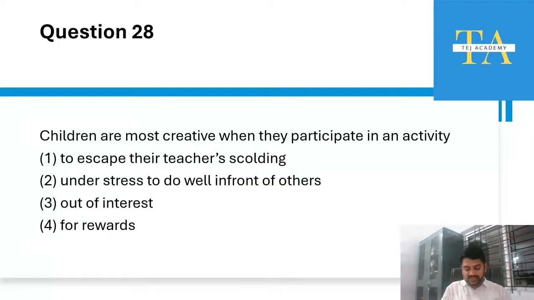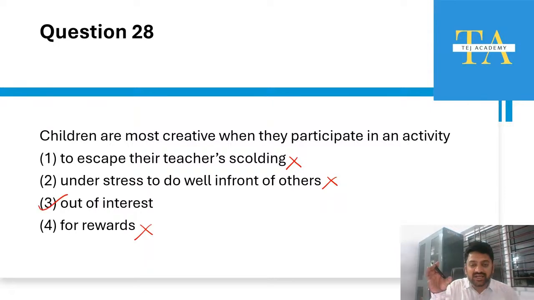Question number 28. Children are most creative when they participate in an activity to escape their teacher's scolding? No. When they are under stress to do well in front of others? No. For rewards? No. It is out of their interest.